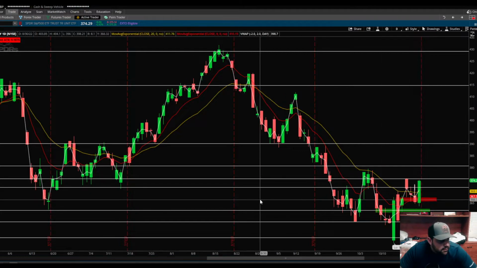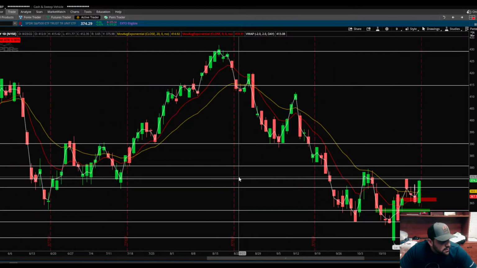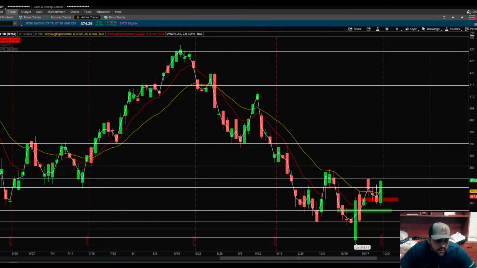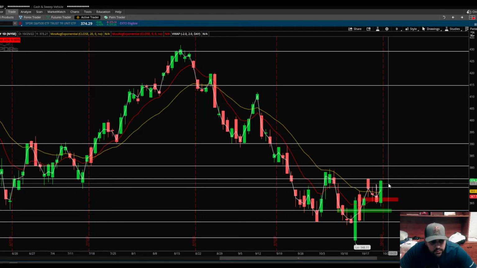Again, we got to about the 375 area, and we got resistance on that 375 area. We might just break through and keep going higher. We might pull back to the 370 again and keep going higher, or we might just dump, but it's really hard to know.